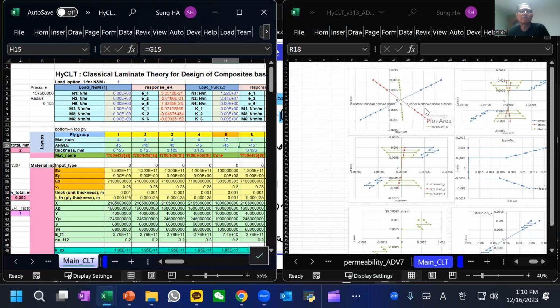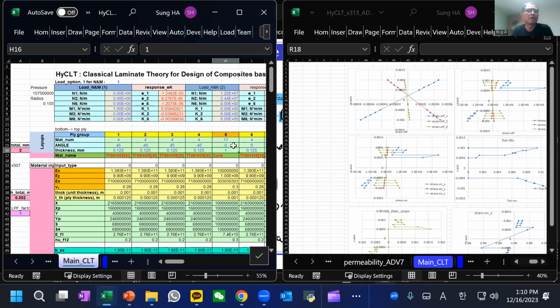The angle of the core, I would like to show you. This angle is not a big deal. Strange.